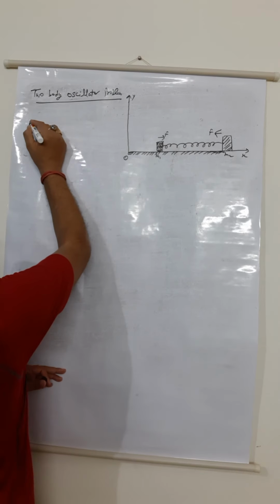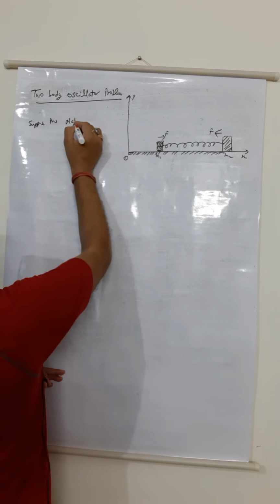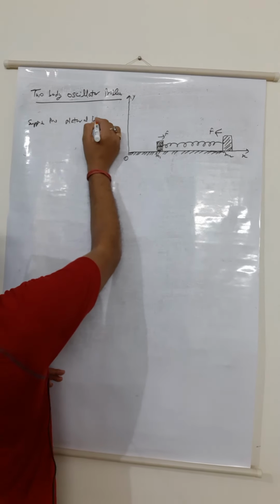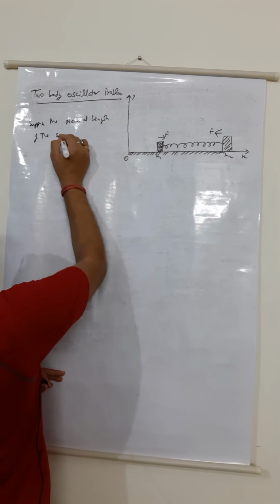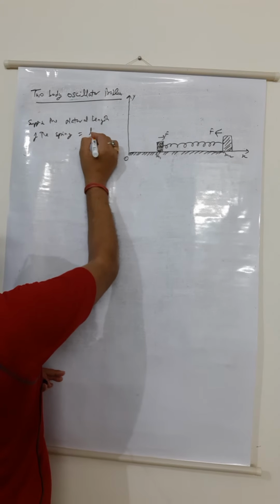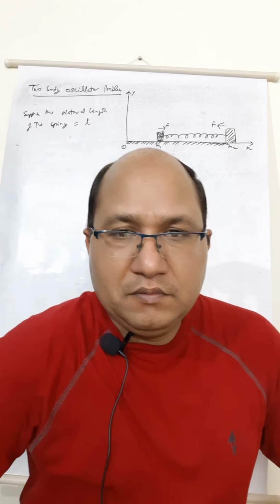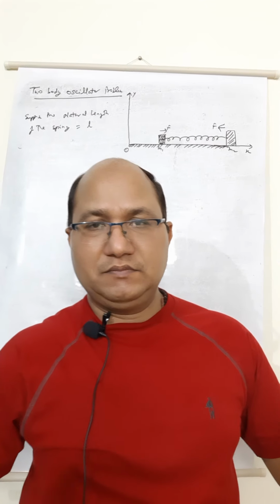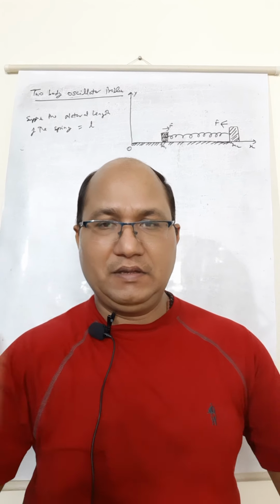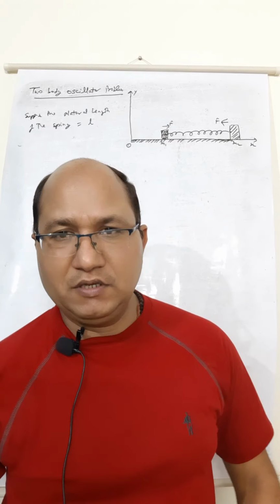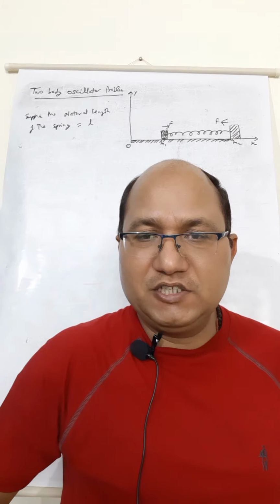Now suppose the natural length of the spring equals L. Due to oscillation, if the two blocks are compressed through the spring, then there is a contraction in the length of the spring.